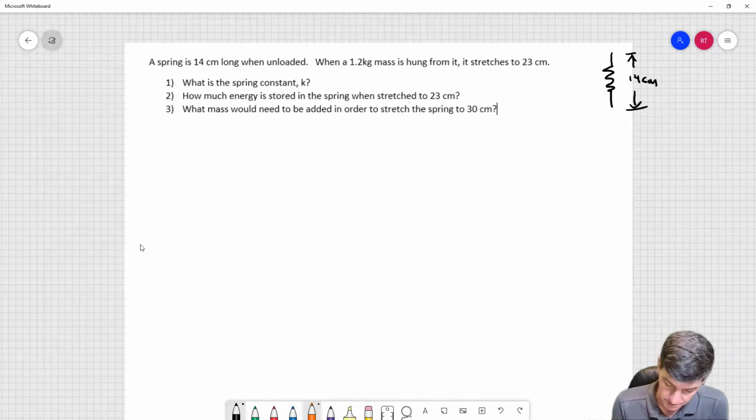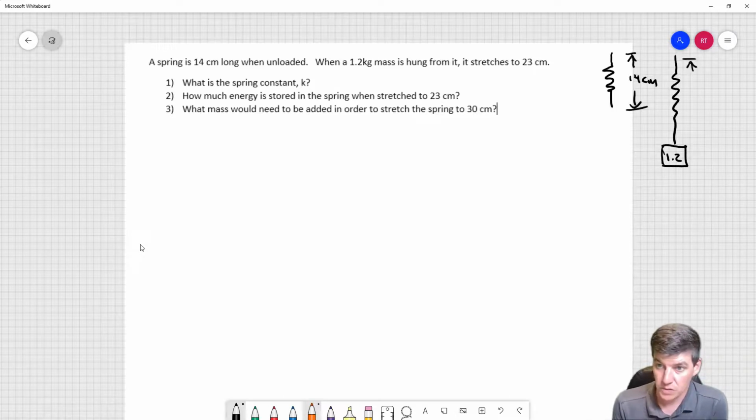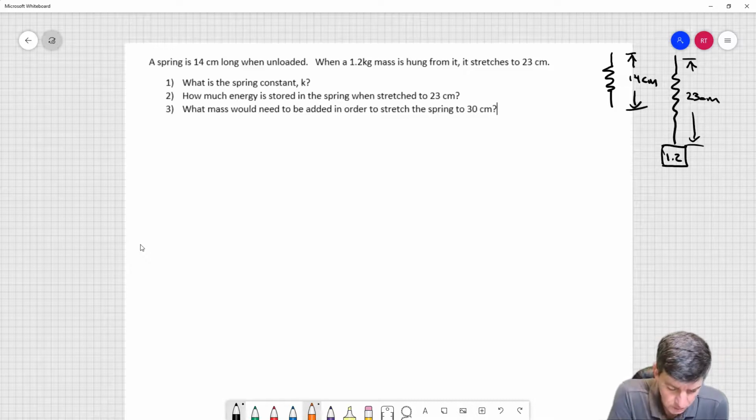I add some mass to it, and it stretches. I guess that was 1.2 kilos, and that then stretched it to 23 centimeters. Okay. I want to know a few things.